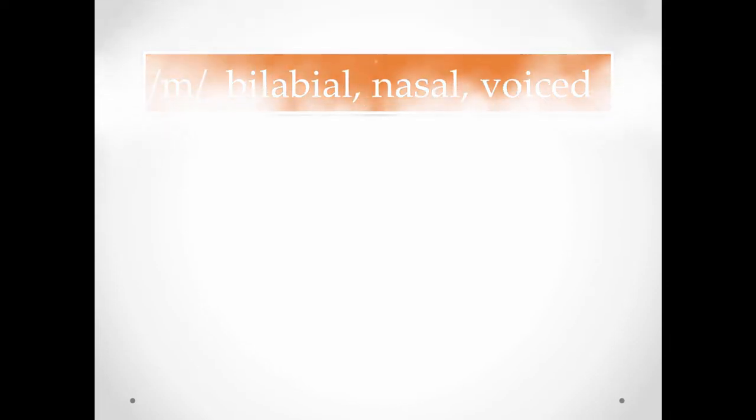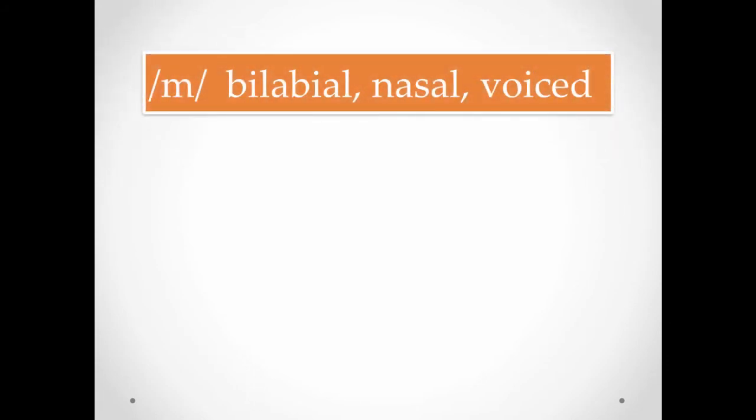So we are ready to begin to describe these sounds. M has the specific articulatory description of being bilabial, nasal, and voiced, where the place of articulation is described as bilabial, the manner of articulation is nasal, and the voicing is voiced.